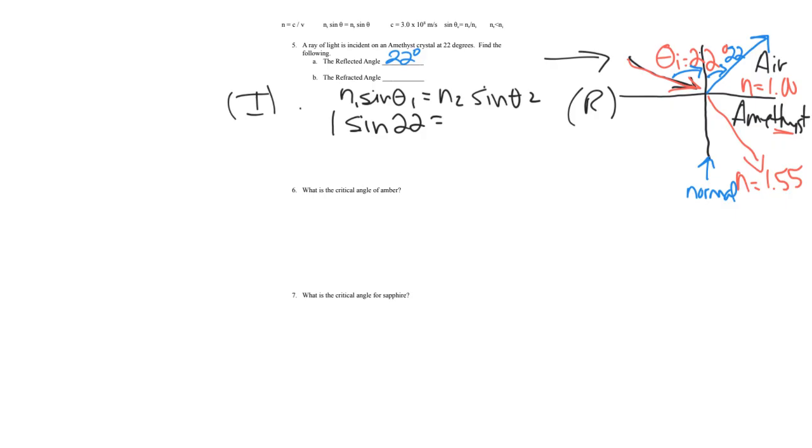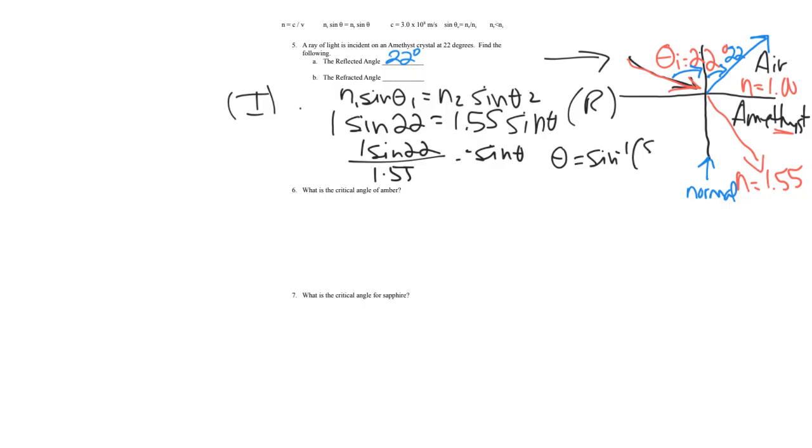So that's going to be 1.55 sine of theta. I'm solving for theta, so let me rearrange this. 1 sine of 22 divided by 1.55 equals sine of theta. And then because I am solving for the angle, this is the final form: theta equals inverse sine of sine 22 divided by 1.55. And when you solve for the angle, the refracted angle will be 14 degrees.